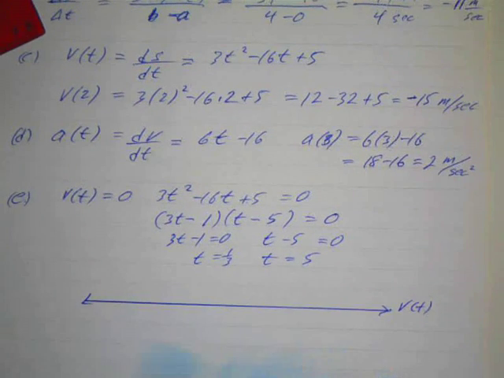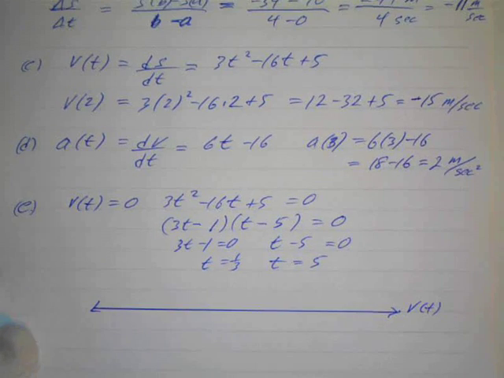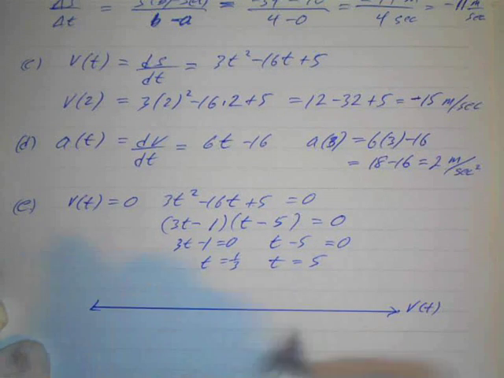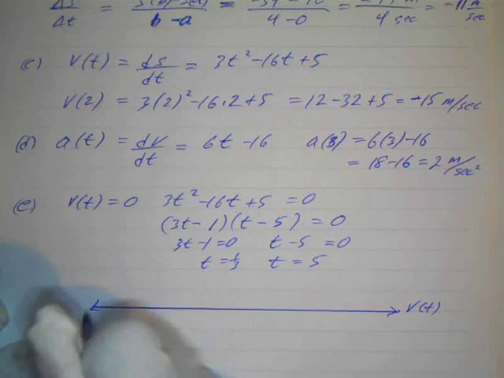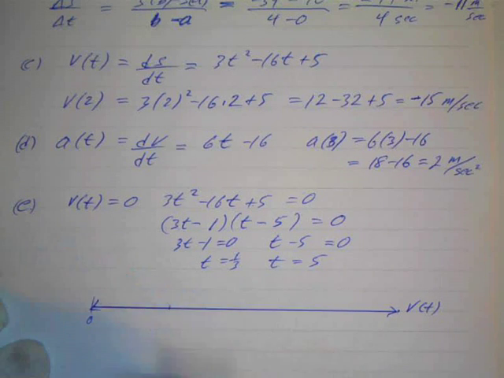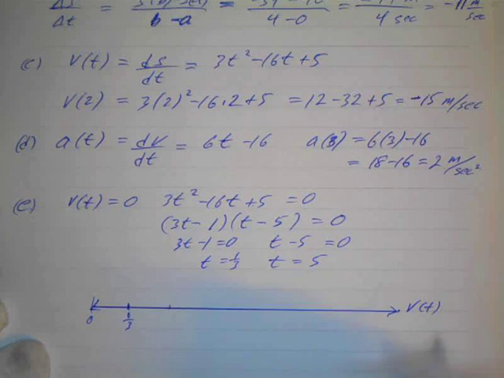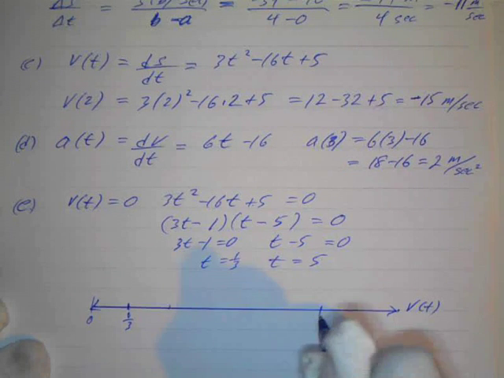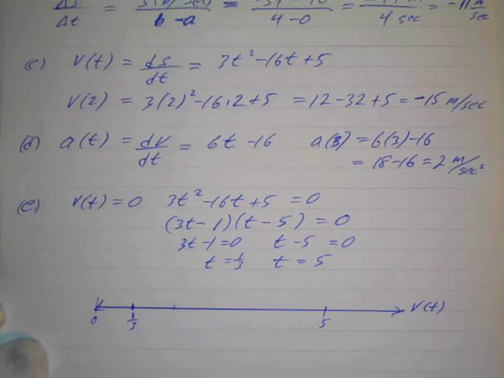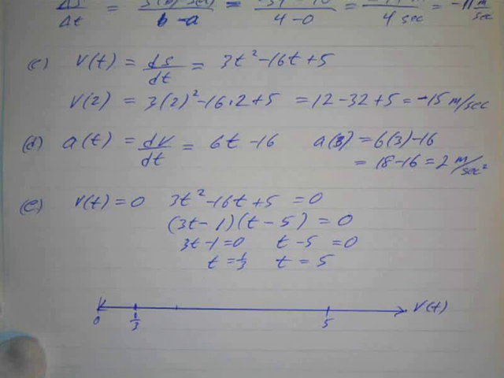And in order to change directions, if you're moving right, in order to move left, you've got to stop for a moment. So this time will be 0 here. And this would be 1/3. Let's do it over here. And let's say this is 5. Okay. Well, my scale may be a little bit off.